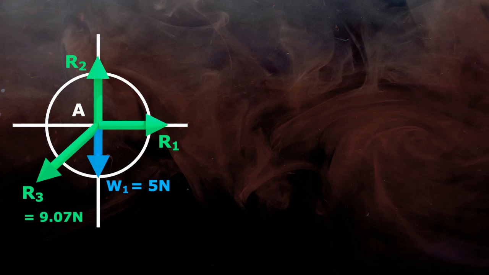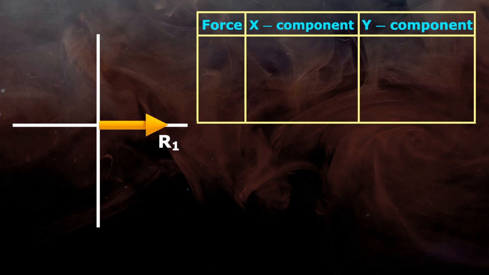So the first step in this method is to find the x and y components of all forces. Let's once again make the table showing force, x and y components. First force is R1 making 0 degree angle to horizontal. So the x component is R1 cos 0 equals R1 and the y component is R1 sin 0 equals 0.